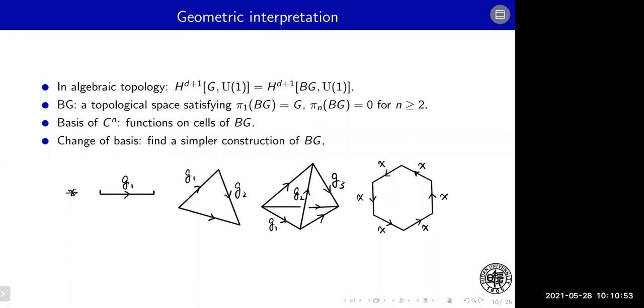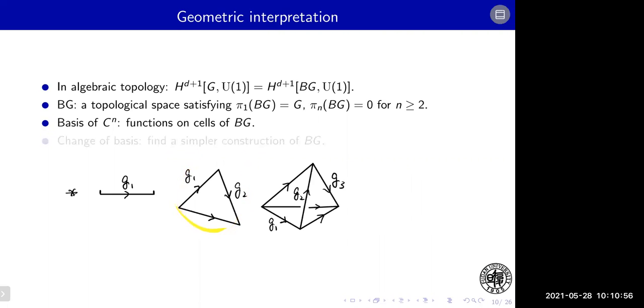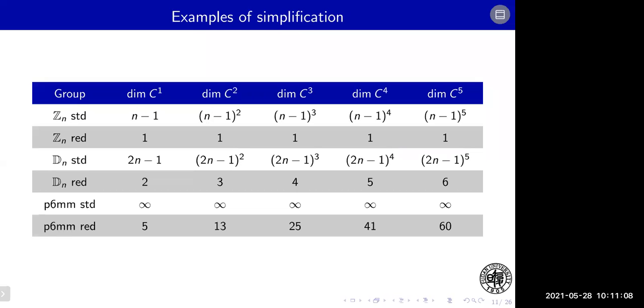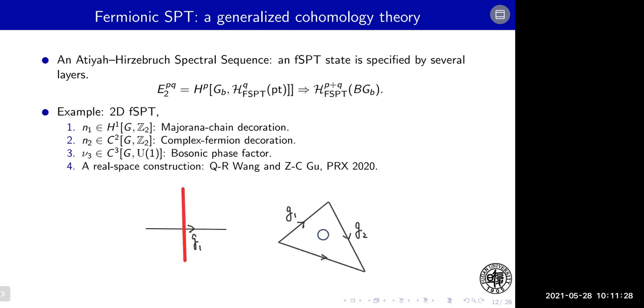The classifying space has some standard construction, but you can have a smarter, simpler construction that contains much fewer cells, and this will give you a much smaller linear space that will allow a more efficient calculation. For example, for the CN or DN group, if we use the standard construction, the dimensionality grows quite rapidly. But if we use a reduced construction, then the dimension goes much slower.